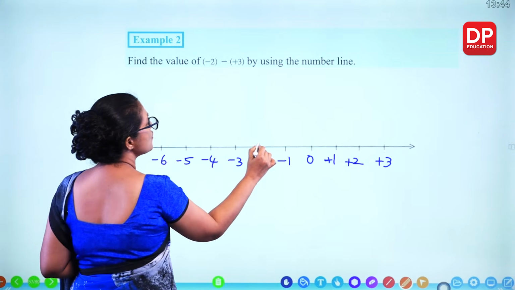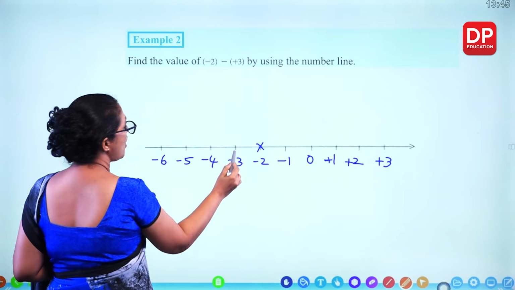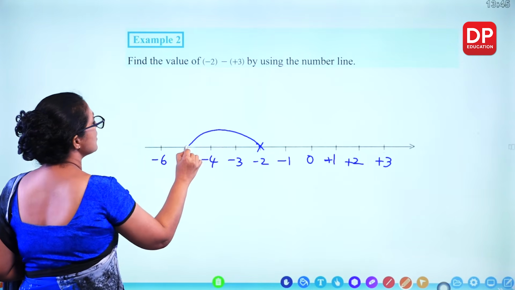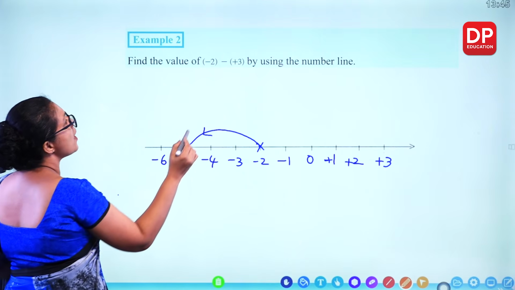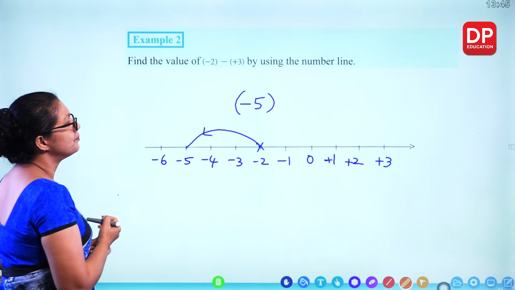Starting with minus 2. Moves left by 3 units. 1, 2, 3. So the answer is minus 5.